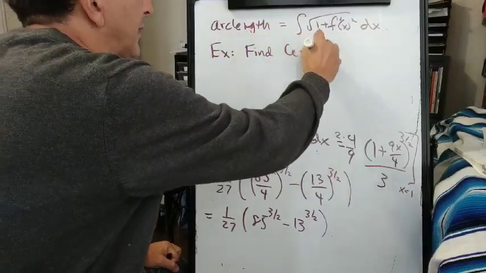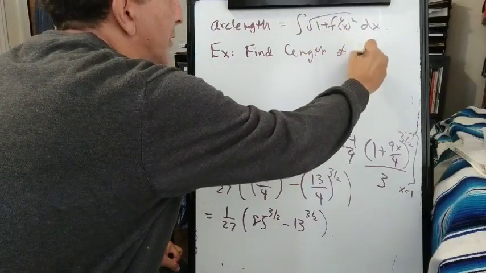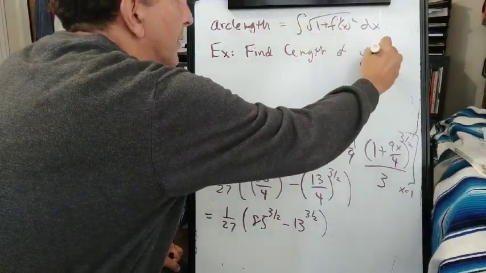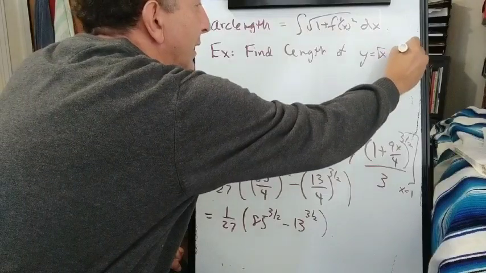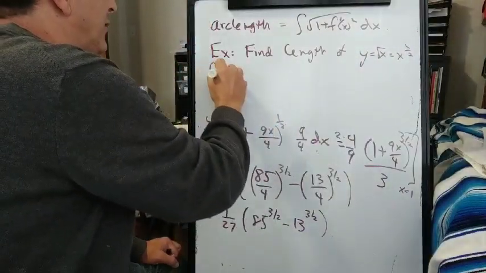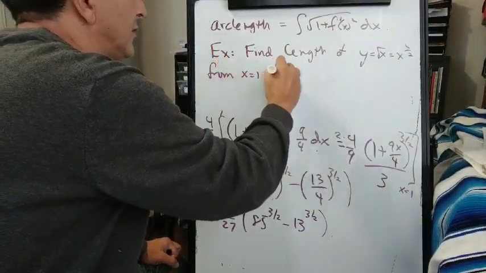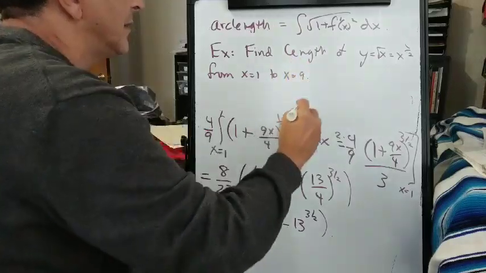Let's find the length of square root of x, x to the 1/2, from x equals 1 to x equals 9.